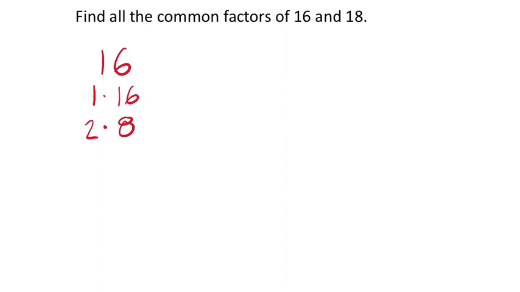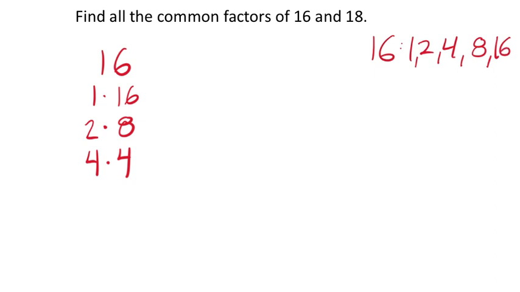It's not divisible by 3, but I can divide it by 4. That would be 4 times 4. So the factors of 16, I'll go and list them over here. Factors of 16 would be 1, 2, 4. I'm not listing 2 4s because I don't really need them. And then 16.